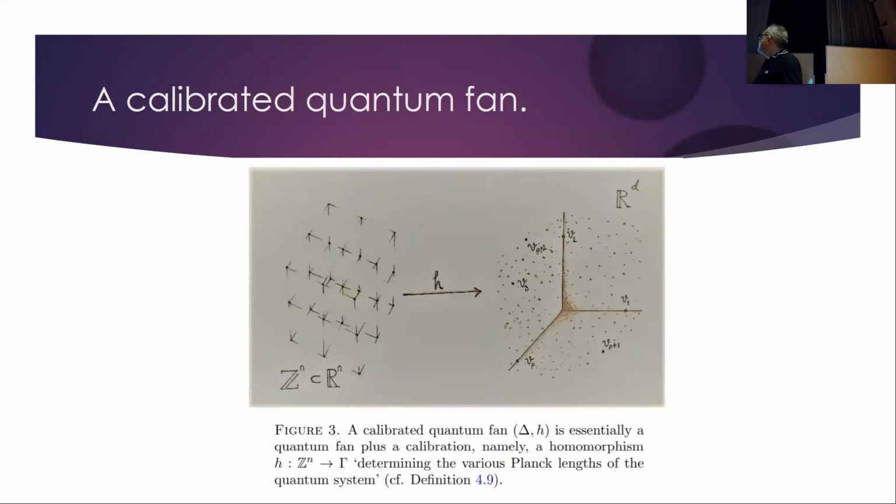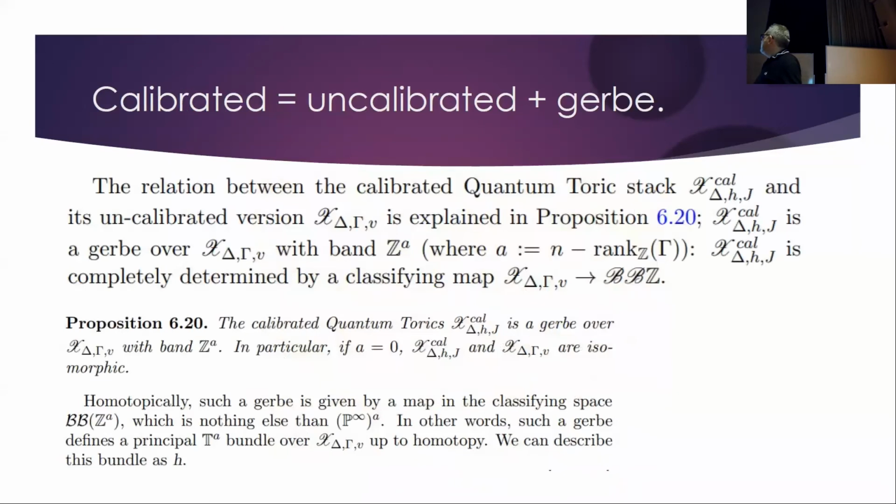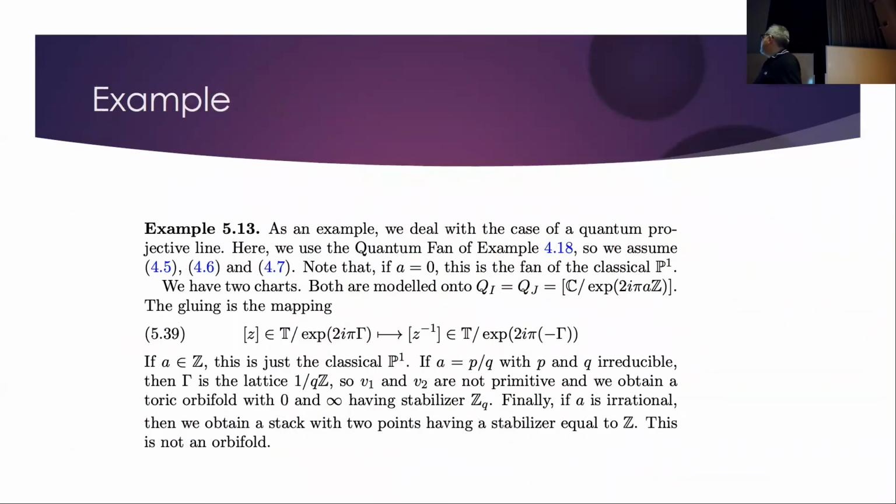H is my deformation parameter. And as I move h, I will get a chart for my moduli space. So here I start moving a, that is moving h, given in terms of a. And as I move a, I get rational and irrational a's.